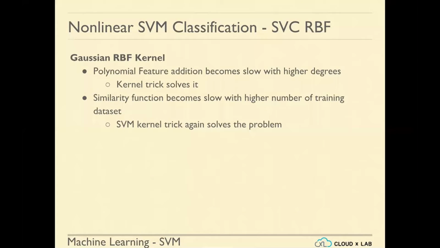When we are adding polynomial features, it becomes slow because we have so many features. Similarity functions become slow with a higher number of training instances. And the SVM kernel trick solves that again.